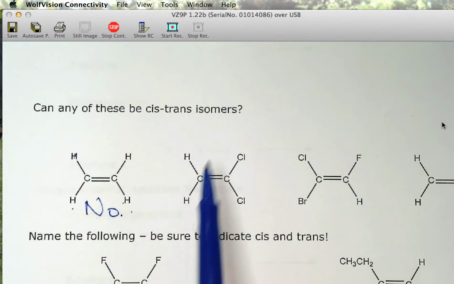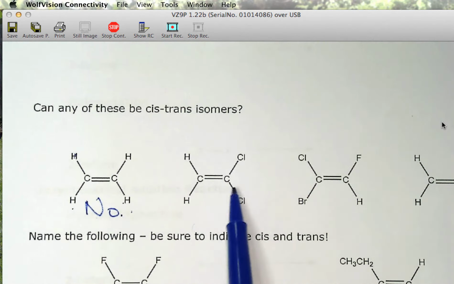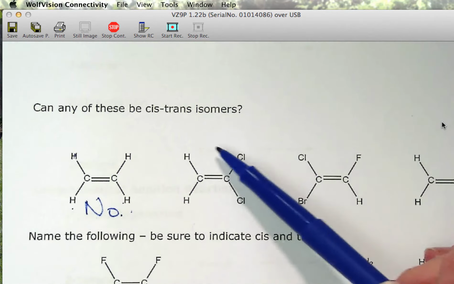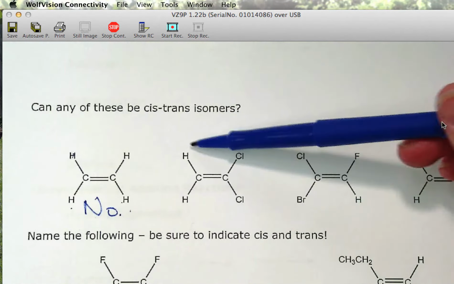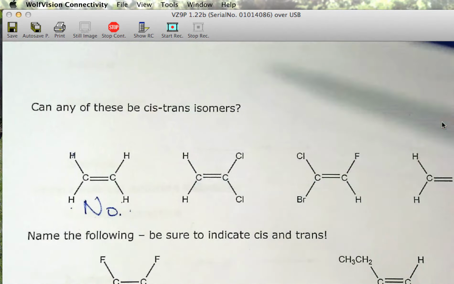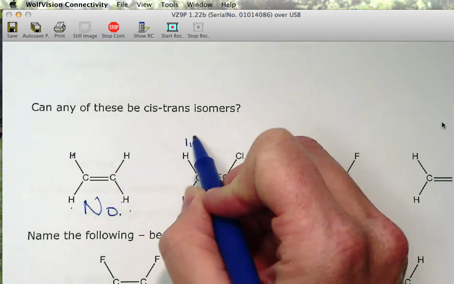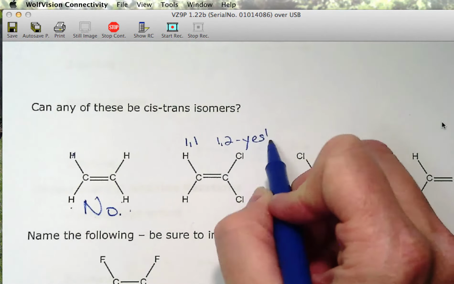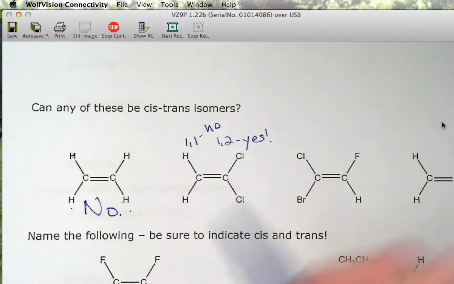Now, on this next example, this is 1,1-dichloroethene. You do have different groups, but you see they're not across from each other. If instead of being 1,1 it was 1,2, yes. 1,1, no.